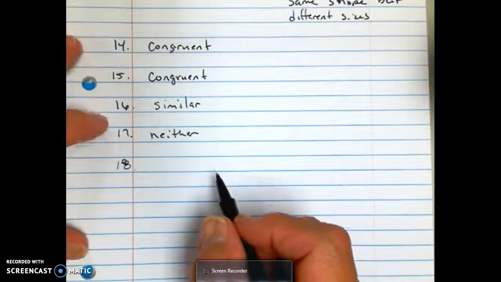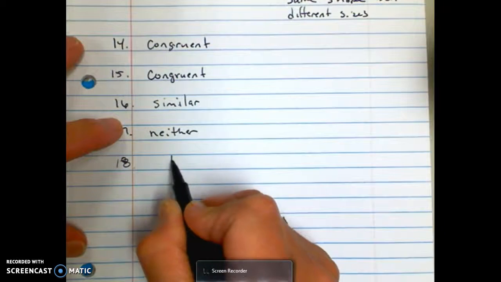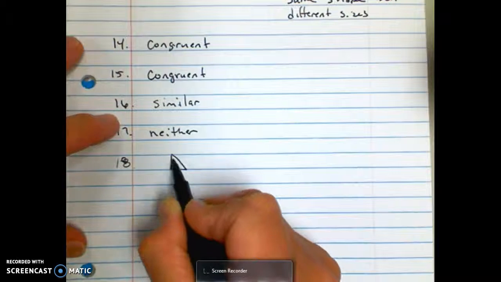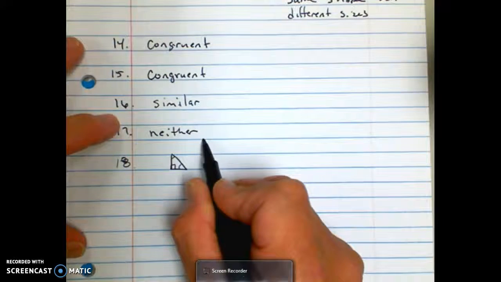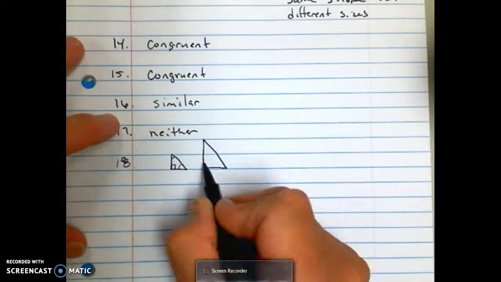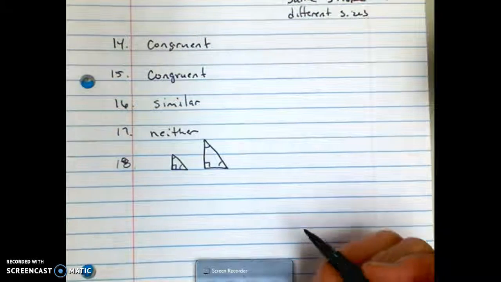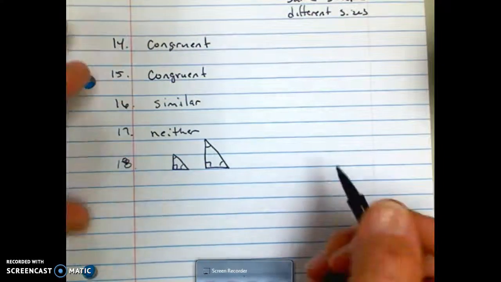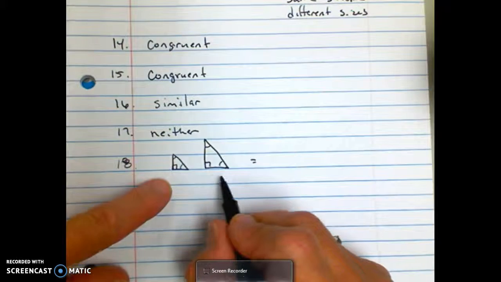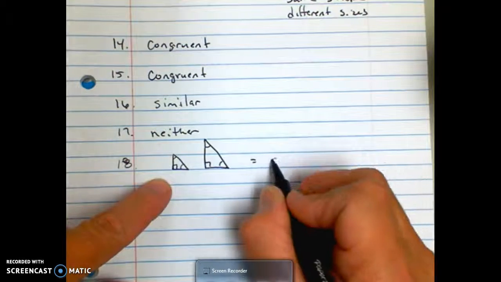I'm going to make two triangles, each with a 90-degree angle and two acute angles, and I'm going to make a second triangle, kind of making it the same shape, again with a 90-degree angle. Now you can make yours congruent if you want to, or neither, but you have to label it. My two drawings are meant to be exactly the same shape, but they are different sizes. So in this case, mine are similar.